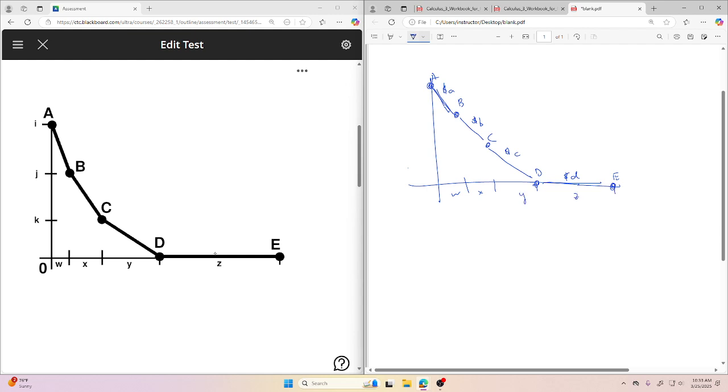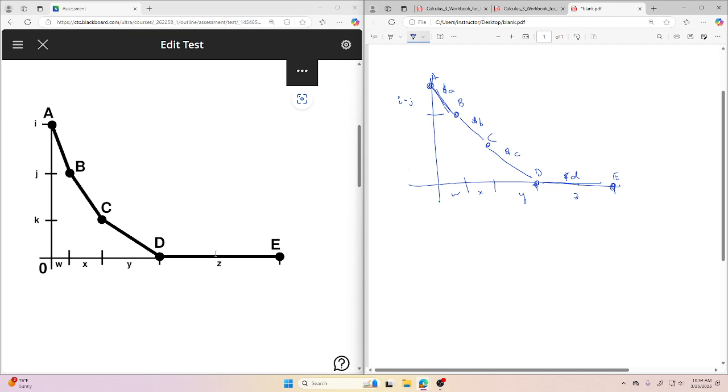We're trying to find the W, X, Y, Z values. The thing is that I, J, and K are actual Y values. They're not distances, and that's going to be the problem. Notice that these W, X, Y, Zs are distances. They're different, and that's what's going to throw us off if we don't see that. Like the distance here is actually I minus J, I believe. Let's say this was at a 10 and this was at 5.